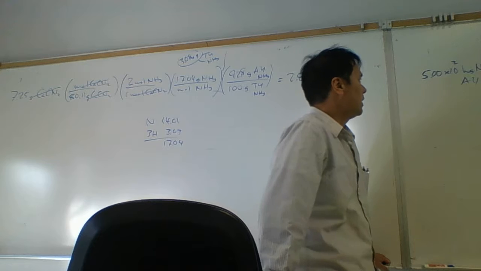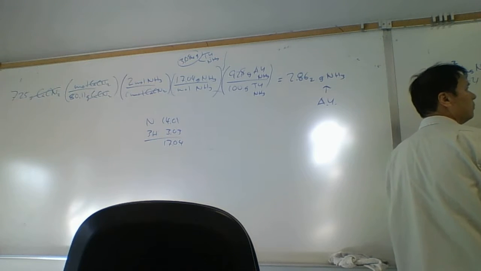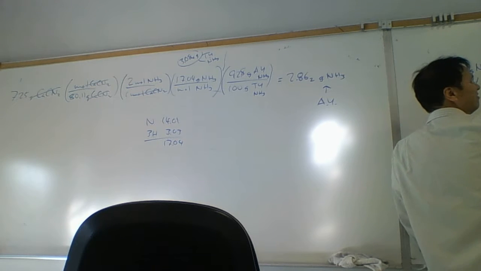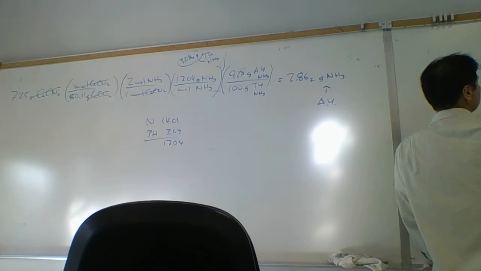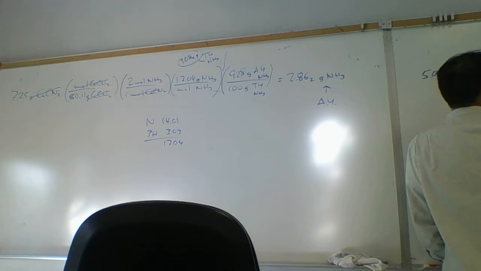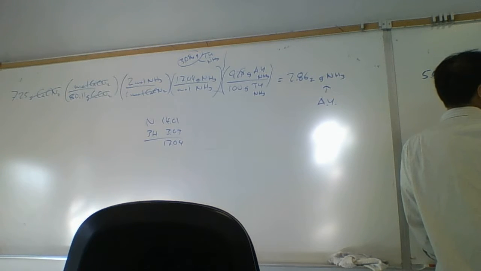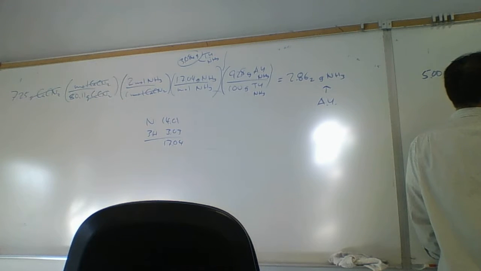There's an 88.8% yield, and what that means is I'm going to have to produce 100 kilograms of theoretical yield ammonia for every 88.8 kilograms of actual yield of the ammonia.